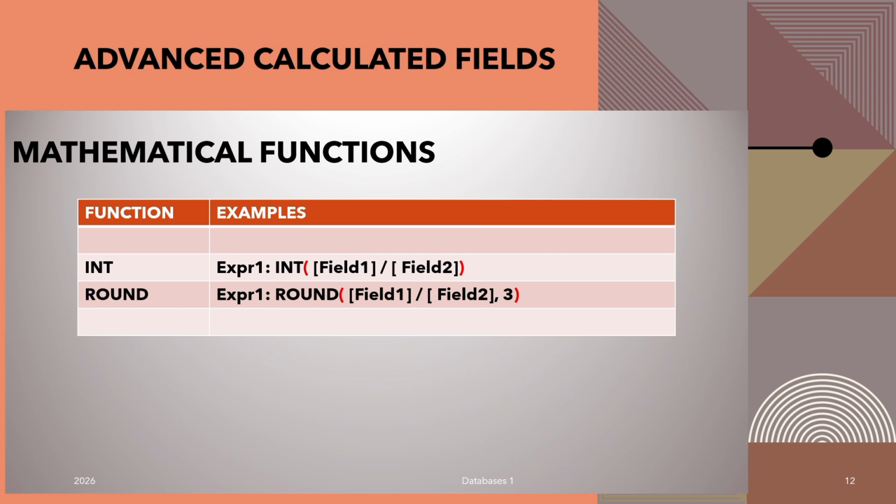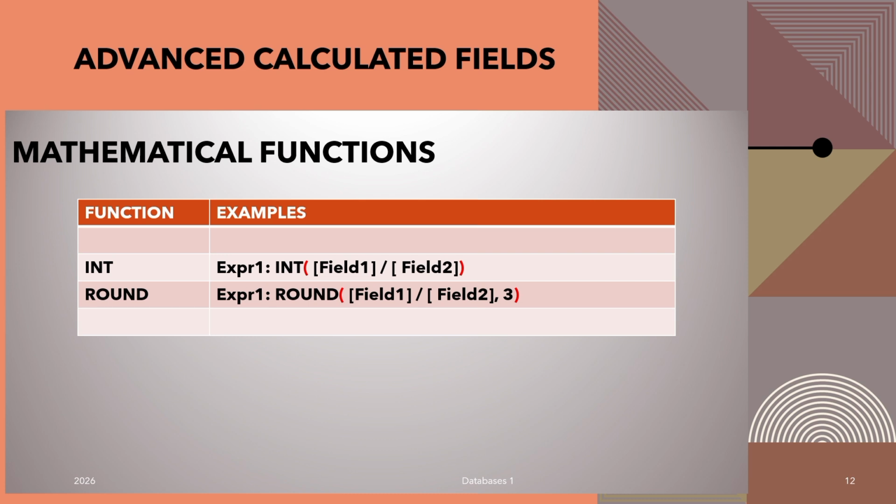Okay, so we are going to look at the three batches of functions, starting with the mathematical functions: the Int function and the Round function. The Int function is used to convert a value into a whole number, an integer, by either removing the decimal part, casting a string of digits into a numerical format, or returning the floor, the truncated value of a decimal number.